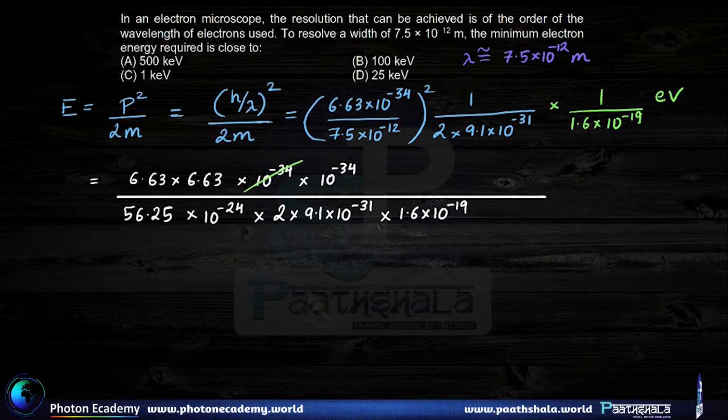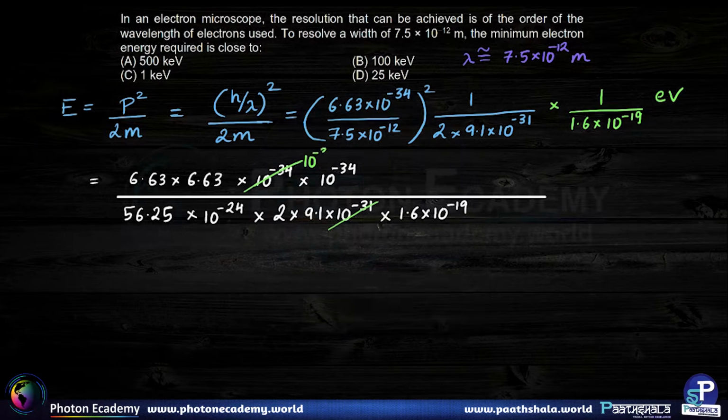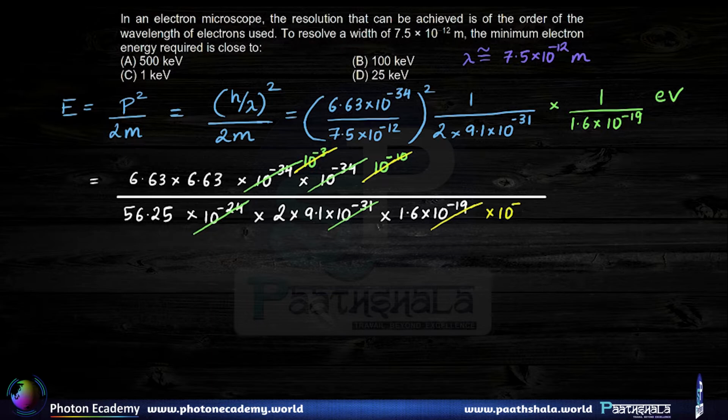So 10^-34 goes like this, and here we are left with 10^-3. 10^-34 over here will go with this 10^-24, and here we are left with 10^-10. So both these will go with 10^-19, and here we will be left with 10^-6, which on taking in the numerator becomes 10^6, which I have to separately write as 10^3 × 10^3.